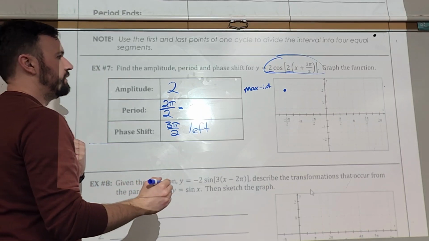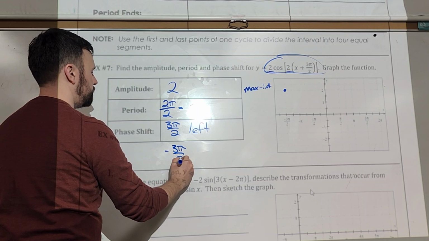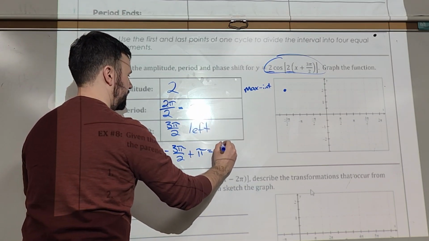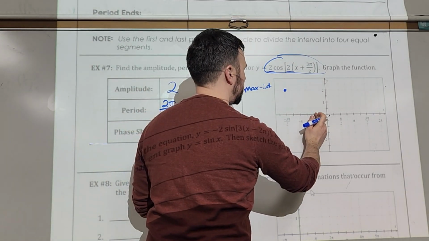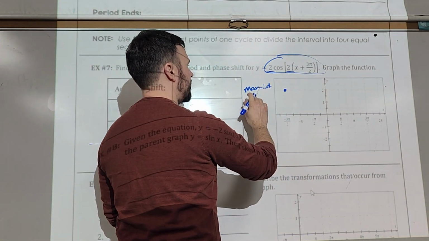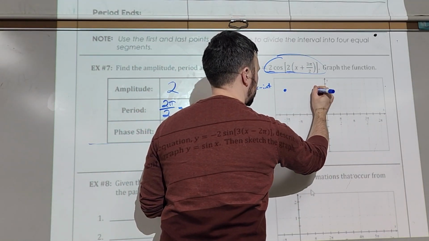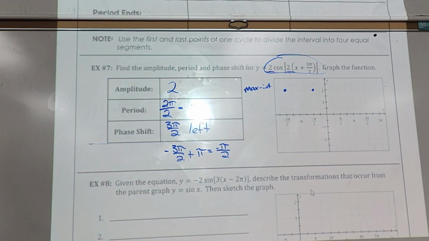What's negative 3 pi over 2 plus my period? So I go to negative pi over 2, and what do I end with on cosine? Yeah. Do you guys see how I got those 2 points that quick?